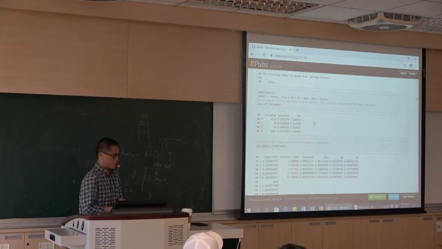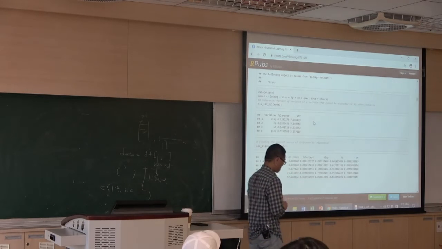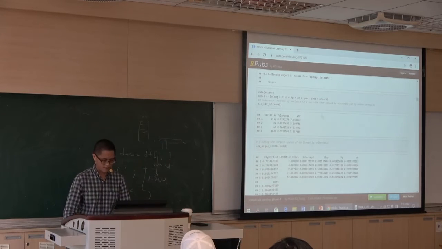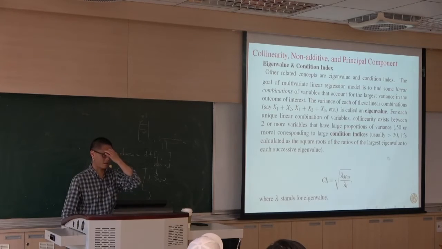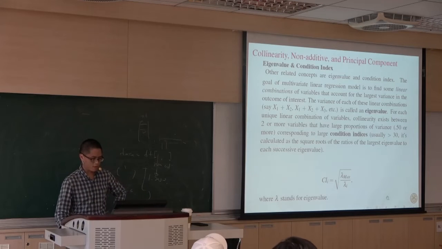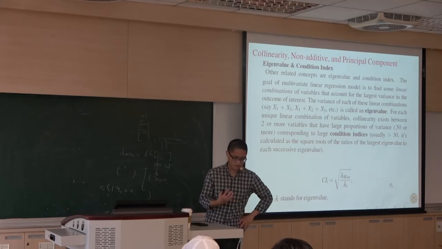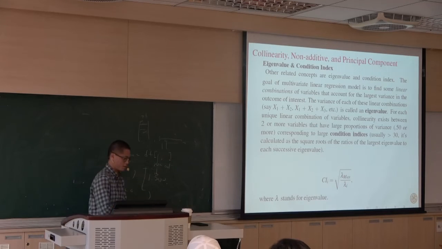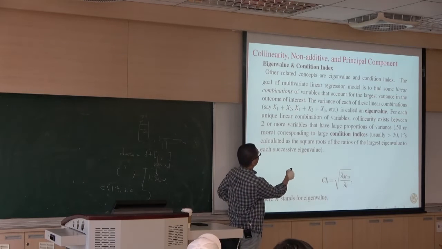And of course, you may ask, where do those correlations come from? Before that, I should describe how those are calculated. A related concept, which is also the foundation for the topic that we're going to talk about, principal component analysis, is called eigenvalue.